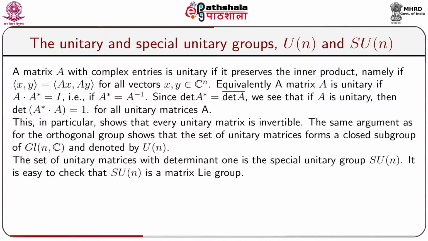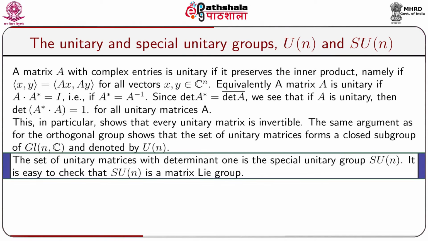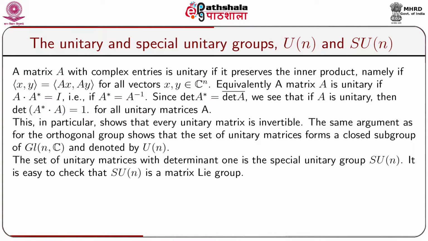Therefore, U(n), that is the set of all n by n unitary matrices, is a matrix Lie group. Now, the set of unitary matrices with determinant 1 is the special unitary group SU(n). It is easy to check that SU(n) is a matrix Lie group.